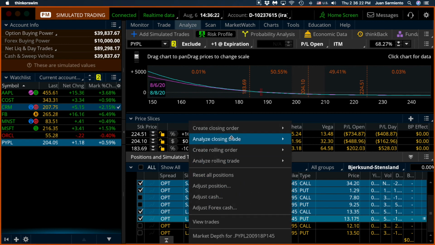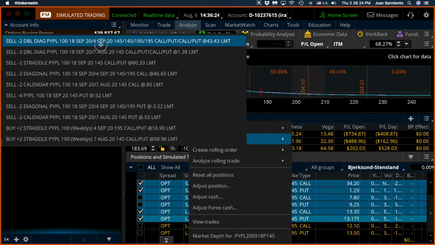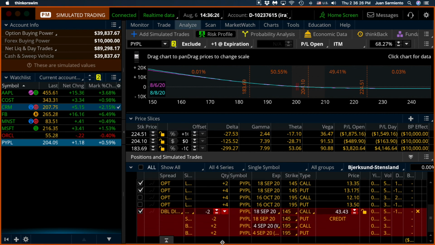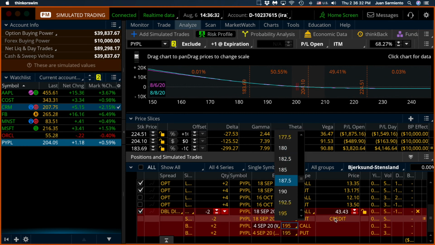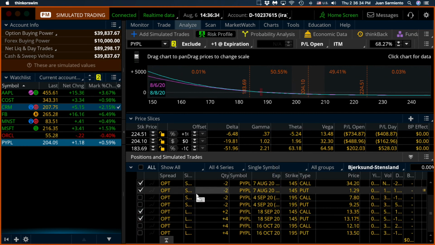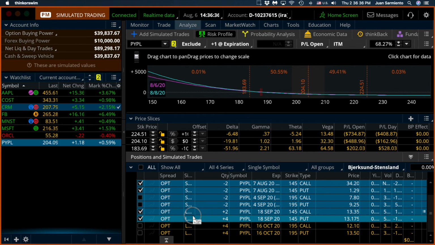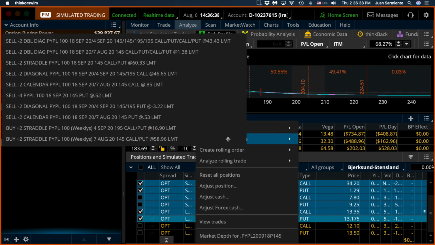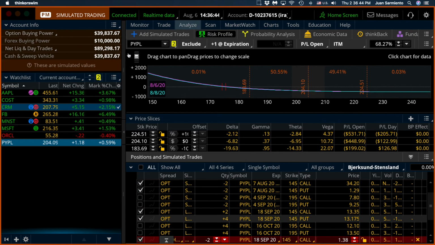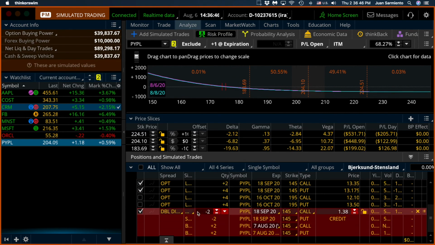And analyze closing, double diagonal. Here it is, 145. I didn't do it right, so let's try that again. You say analyze closing and then identify the double diagonal that has 145 for all of them. Great. But we have 4 puts, 4 long puts. So let's customize that.